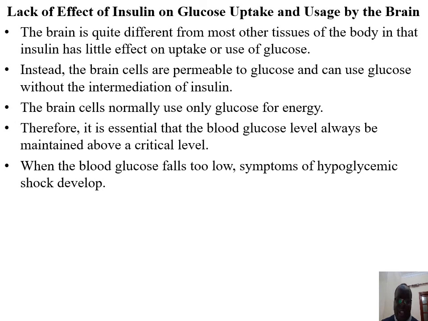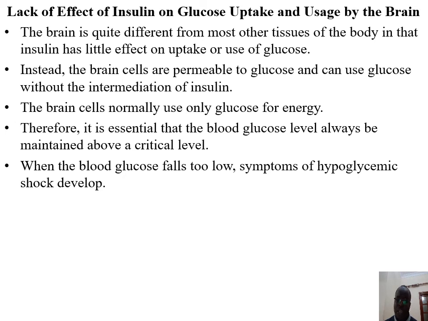The brain is quite different from most other tissues of the body in that insulin has little effect on uptake or use of glucose. Instead, the brain cells are permeable to glucose and can use glucose without the intermediation of insulin. The brain cells normally use only glucose for energy.